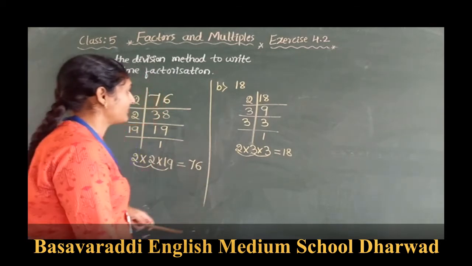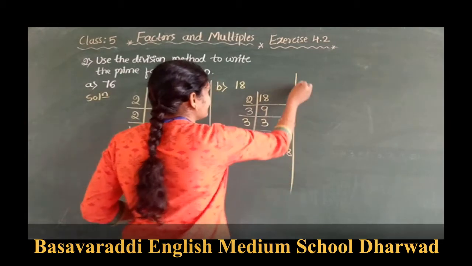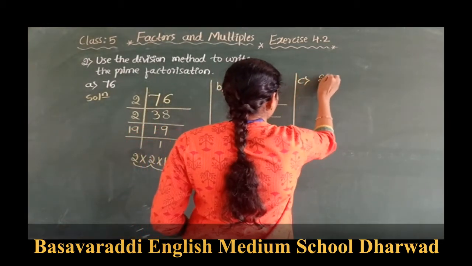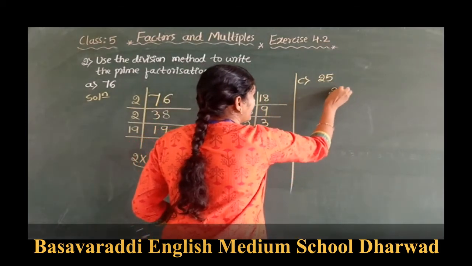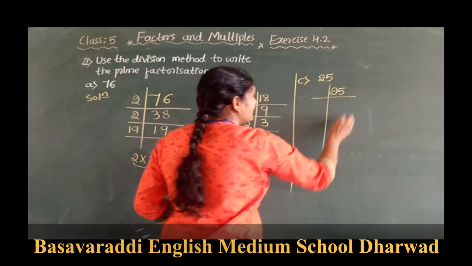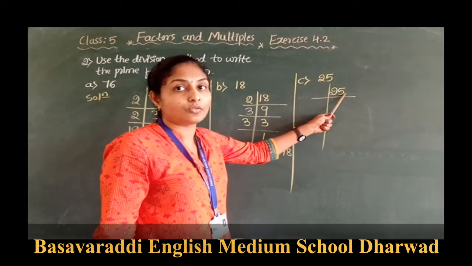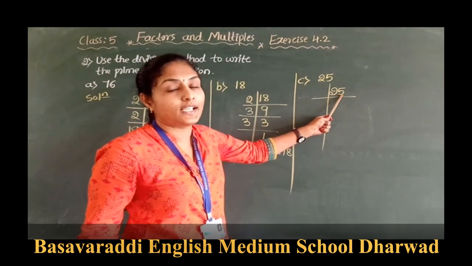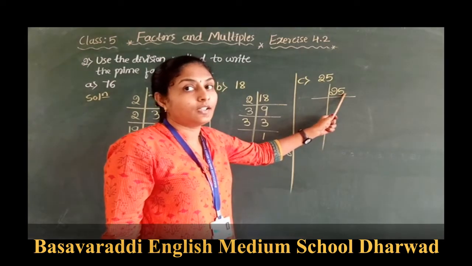One more example, that is C: 25. Let's write the 25 in the column. Let's check: is 25 divisible by 2? No. Why? Because in the ones place there is no 0, 2, 4, 6 or 8. Is 25 divisible by 3? No. Why?